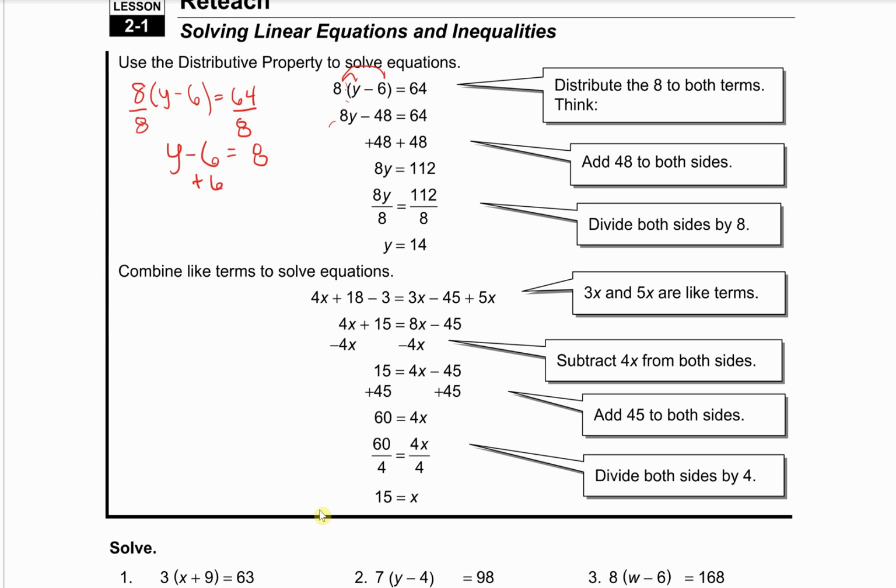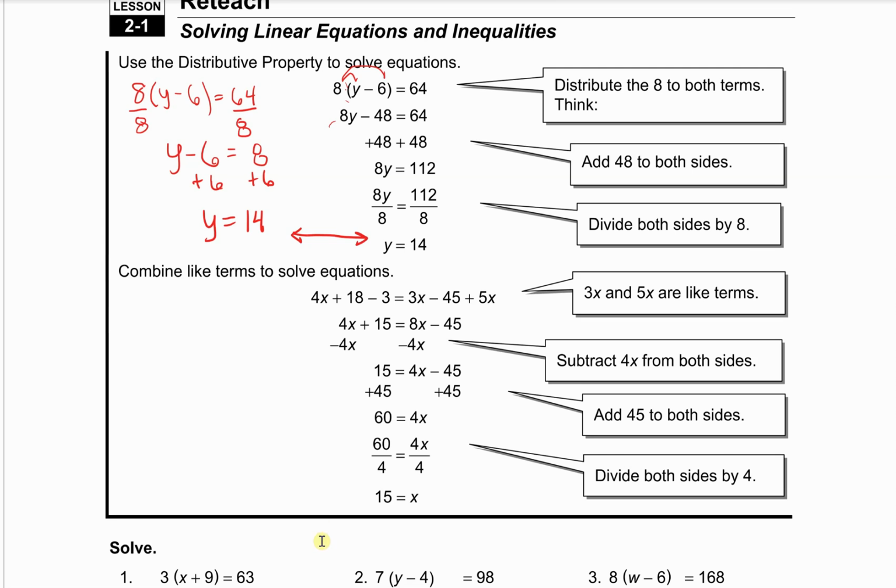Then all I have to do is add 6, and I'm going to get y equals 14. And you notice these answers are the same. So you can distribute and then solve, or you can divide and get rid of that number in front of the expression and solve that way.